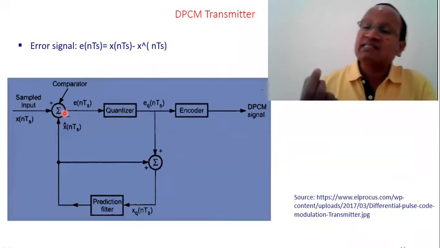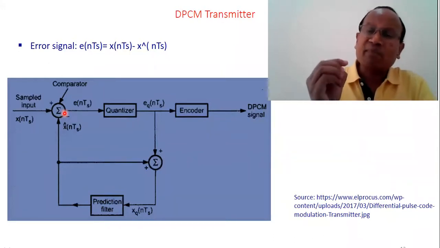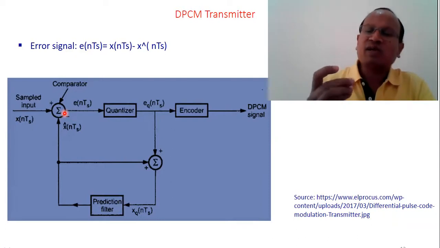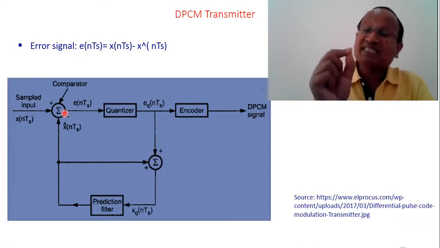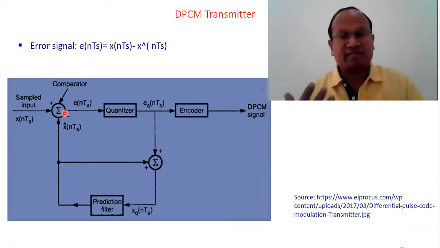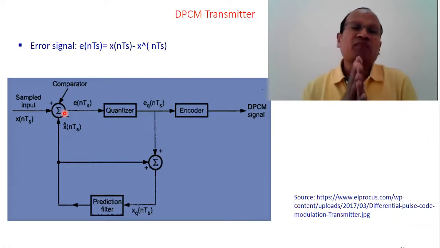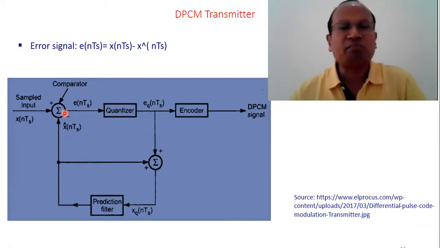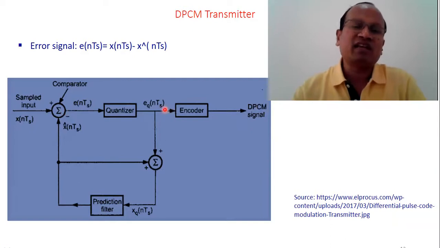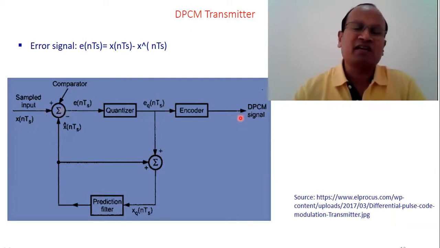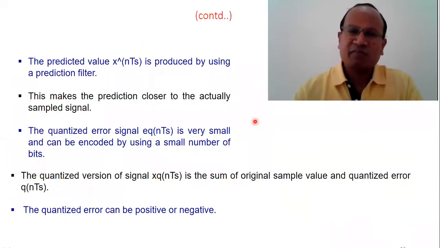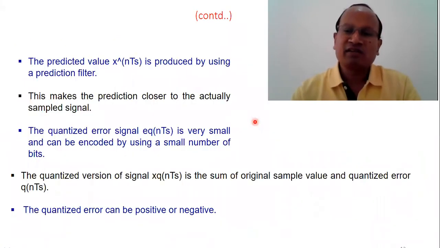This quantized difference corresponds equivalently to some sample, and that sample is compared with the next sample. Is that clear? When there is no difference, automatically there will not be any error, and the previous bit pattern can be communicated.